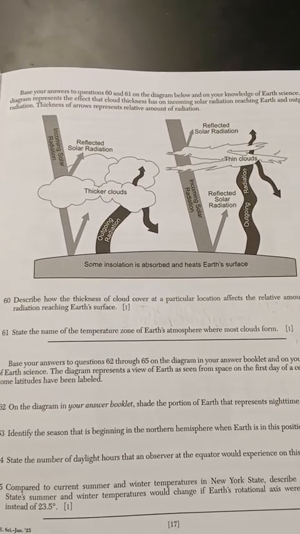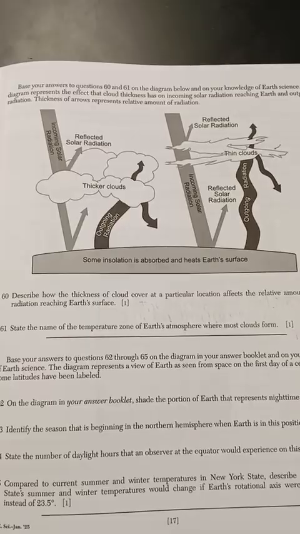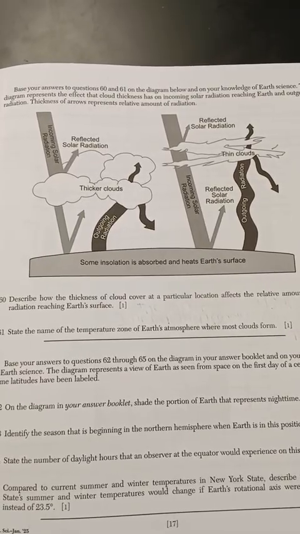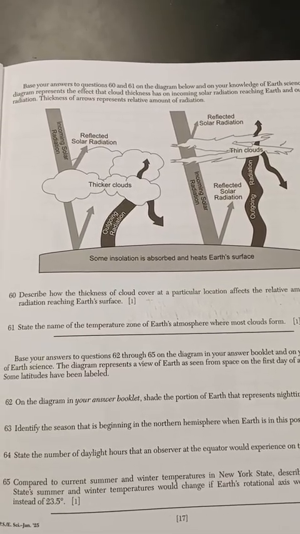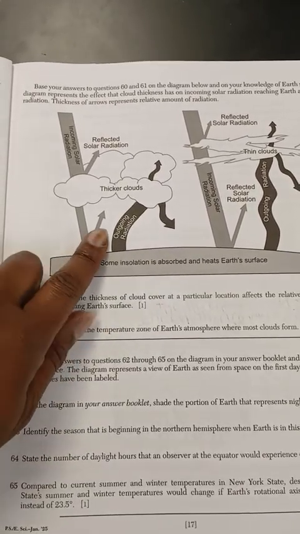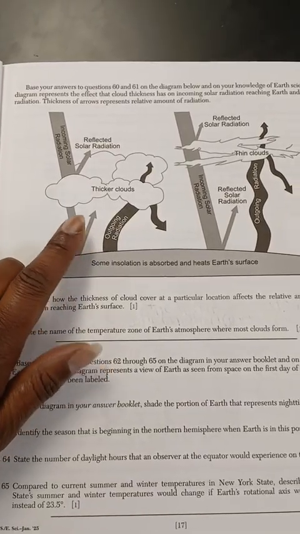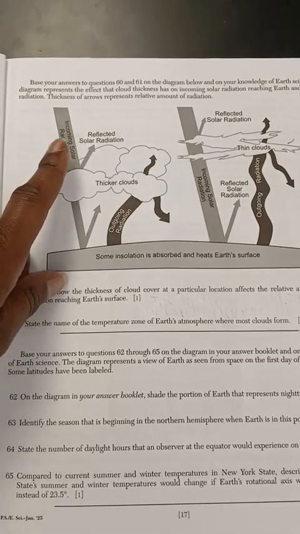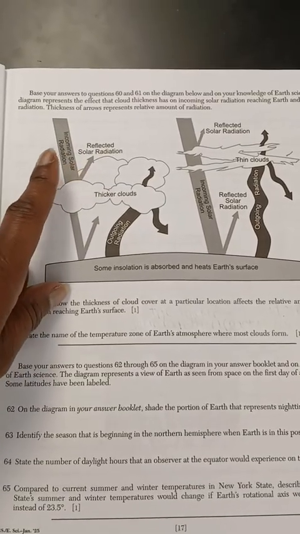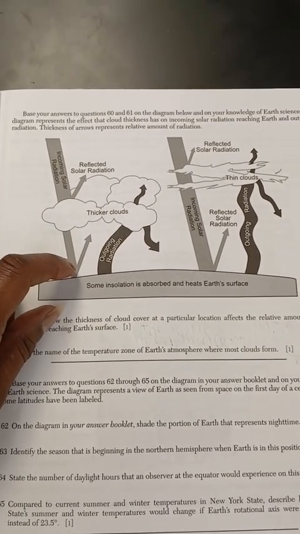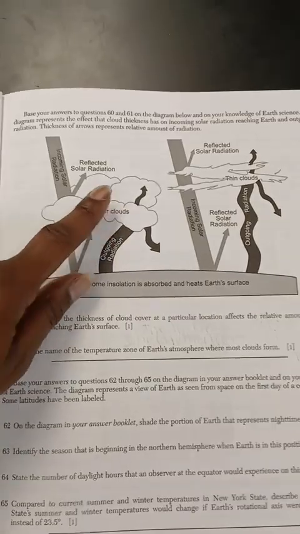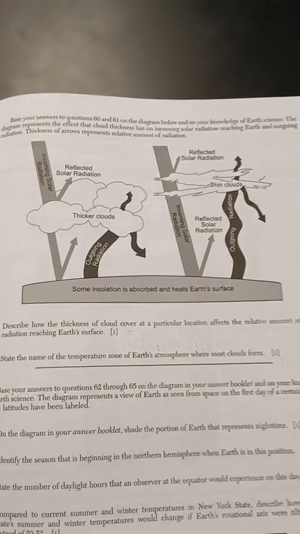So if the cloud is thicker, do you think that I will have more incoming solar radiation or less? Well, according to the diagram, it's showing us that I might have just a little less incoming solar radiation going to the surface, but more radiation going back out being reflected.